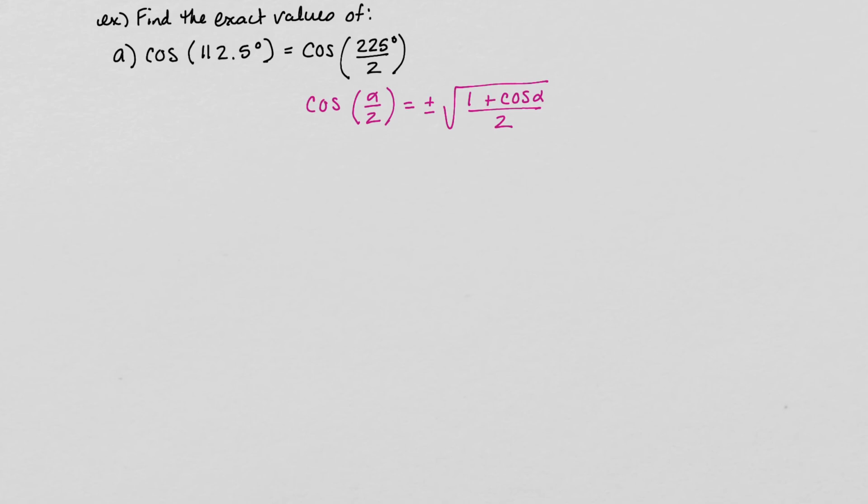So if we think about this angle, 112.5 degrees, which quadrant is it in? Right, this is in quadrant 2. And in quadrant 2, are the cosine values positive or negative?